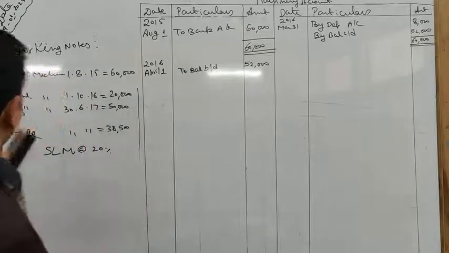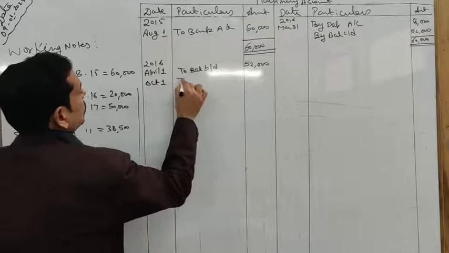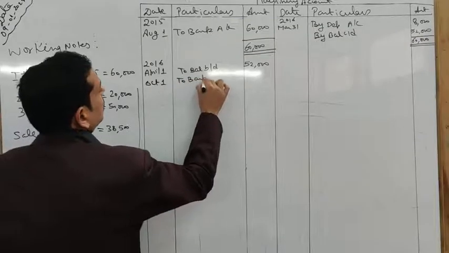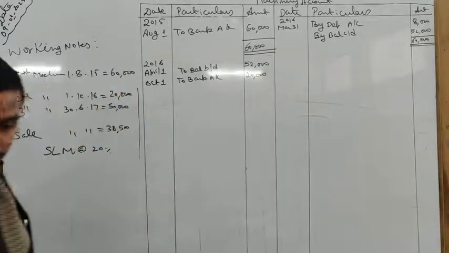And in the same year one more machinery is purchased, that is on October 1. So again to bank account 20,000. Clear?